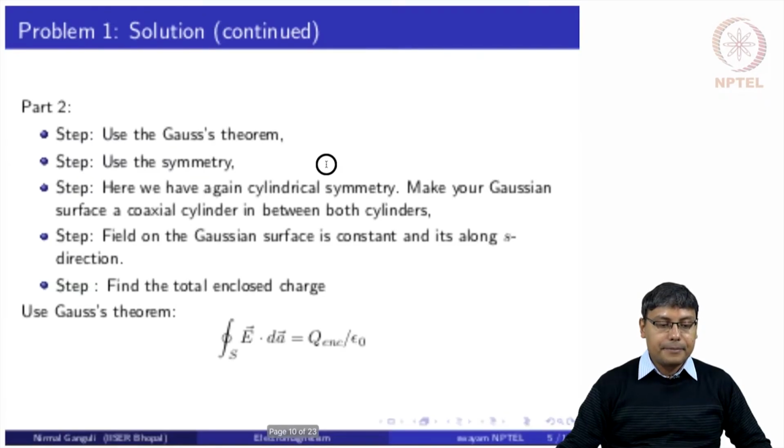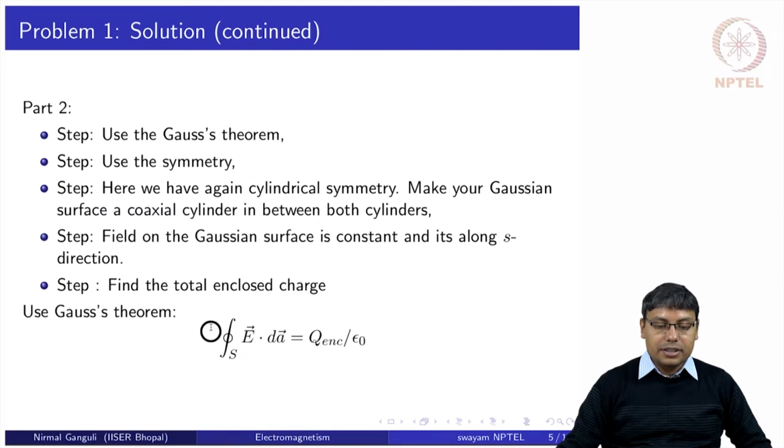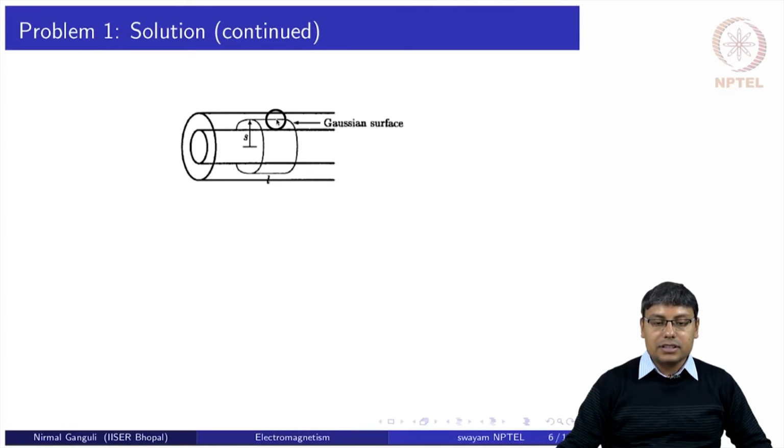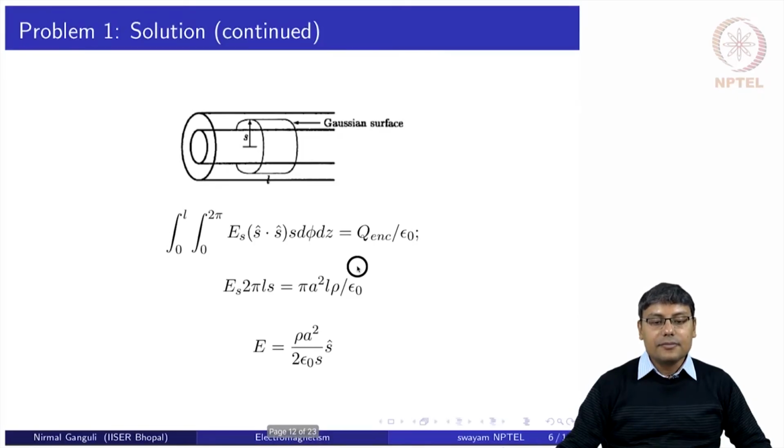Now you are supposed to find the total enclosed charge, and then you will be able to find the electric field there. So the Gauss theorem is closed surface integral over E dot dA is given as total charge enclosed over epsilon naught, and the Gaussian surface will be drawn this way as shown in this picture here. Again, we consider that it has a radius s and length L. Then we perform the surface integral over the Gaussian surface as we have seen earlier.